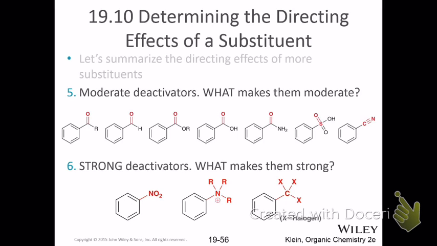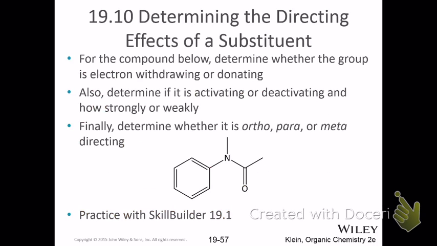It doesn't make the meta position more stable, it just makes the ortho and para positions less stable. But again, in summary, a carbonyl group next to the ring is a meta directing substituent. So even if you get a substituent that you've never seen before, like this one, you can predict whether or not it's ortho-para directing or meta directing.